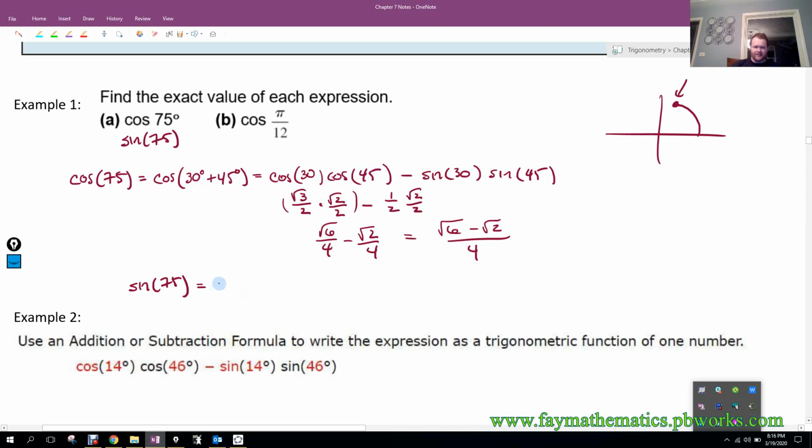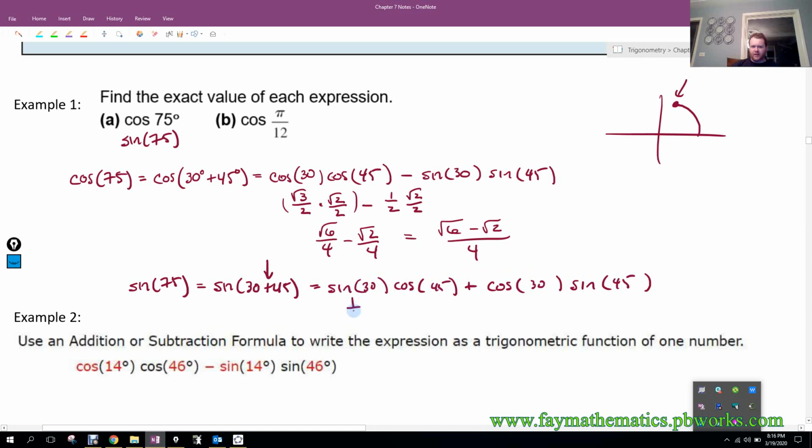So it makes sense again down here to go sine of 30 plus 45. And now I'm going to set up the general structure for sine. So it goes sine, cosine, sine, cosine, and it's the sign that I use there, so plus. Then again, just go back in and put 30, 45, 30, 45.